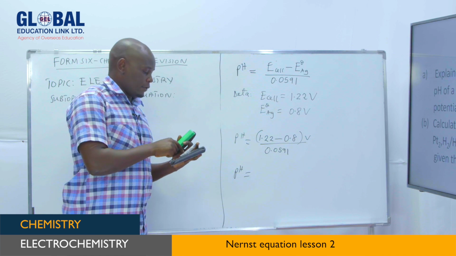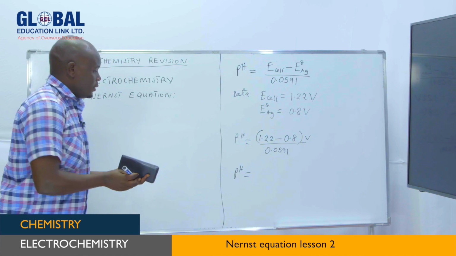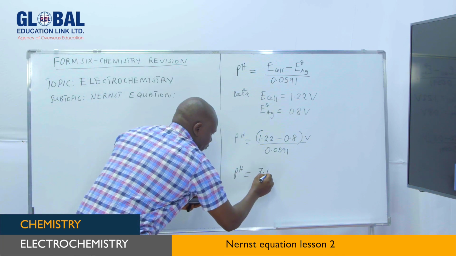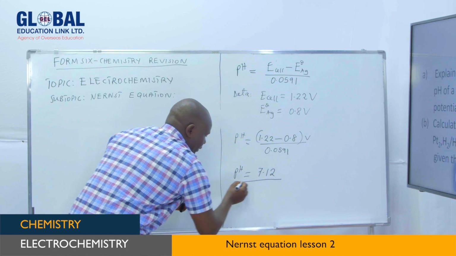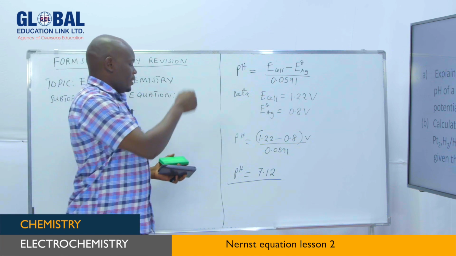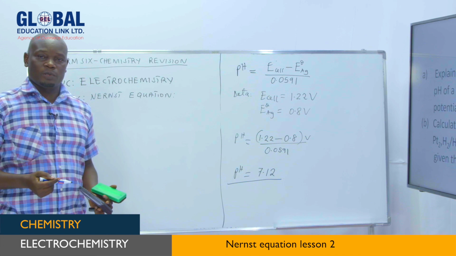The answer is 7.12. So our pH here will be equal to 7.12. That will be the pH of that solution into which the hydrogen electrode is immersed.